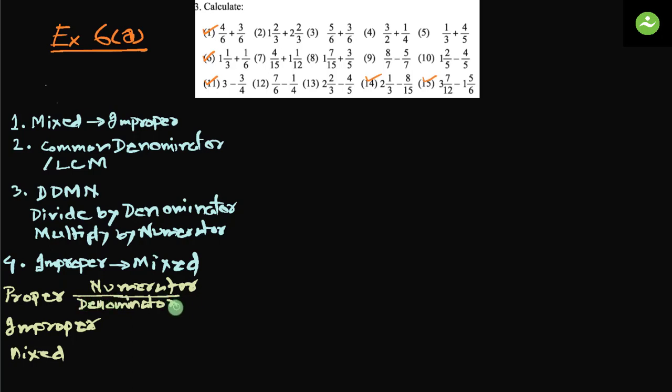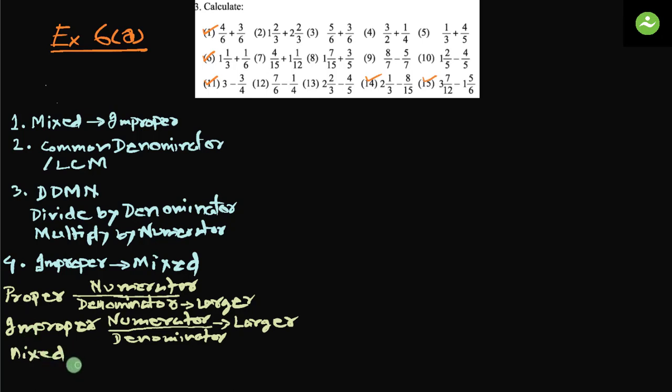In case of improper, numerator by denominator, and numerator is larger than denominator. And in case of proper, denominator is larger than numerator.